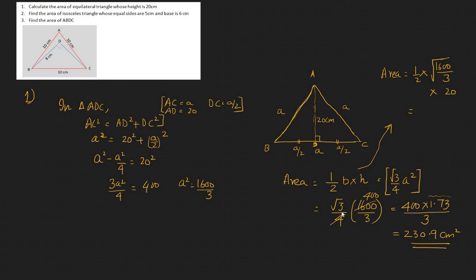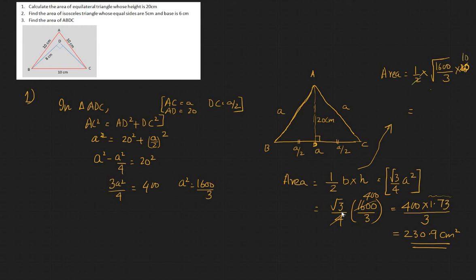The square root of 1600 would be 40, and here this 20 and this 20 and 2 will get cancelled.